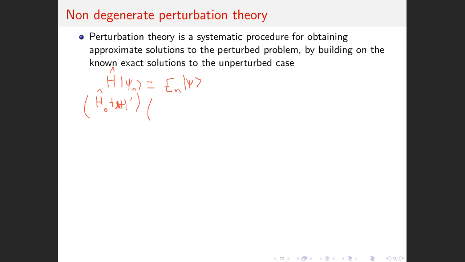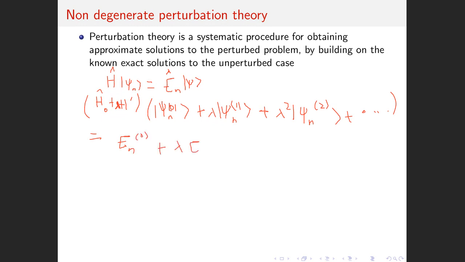Now psi n has a series expansion, so you write psi n 0 plus lambda psi n 1 plus lambda squared psi n 2 plus dot dot dot. Then on the right hand side, En has a series expansion, so you write it out, En 0 plus lambda En 1 plus lambda squared En 2 plus dot dot dot.